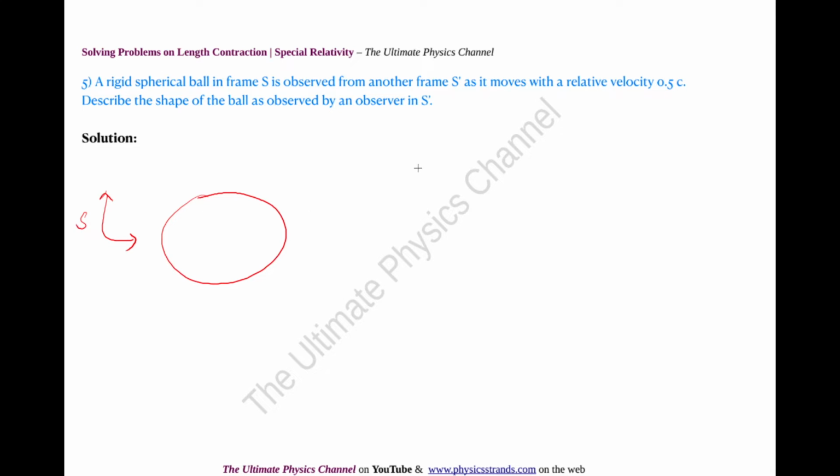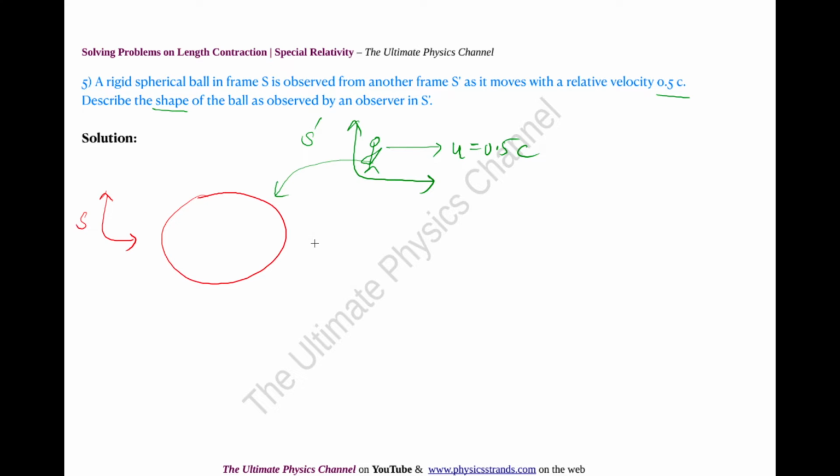Now suppose another frame of reference S prime, which is moving at a velocity u equal to 0.5 c. An observer is there in that frame and trying to measure the object. What would he see regarding the shape of the ball?